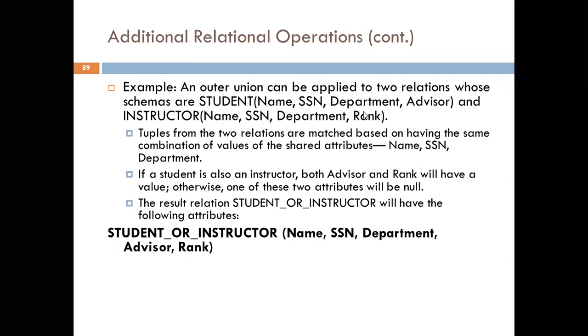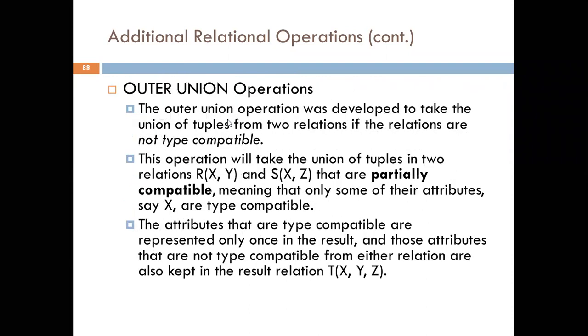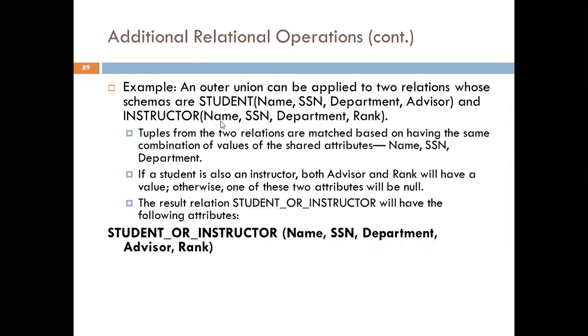So the attributes from both student and instructor will be present. If there is an entry, then the value will exist, otherwise it will have null values. So this is the outer union operation. The union of the two relations will be done even if they are not type compatible. It is enough if there is at least one attribute from each relation which is compatible with each other.